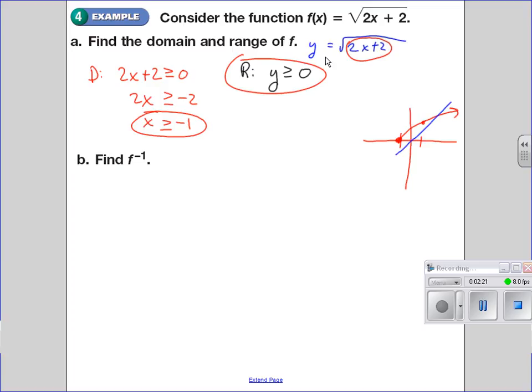Let's take y equals the square root of 2x plus 2. Flip our x and y. Isolate y. So I've got to square both sides.